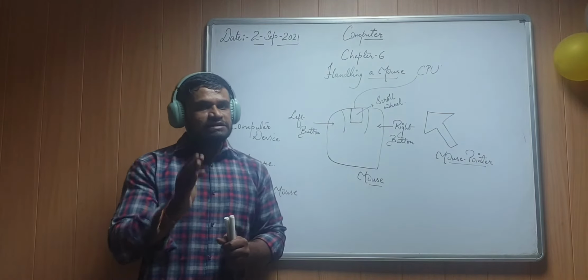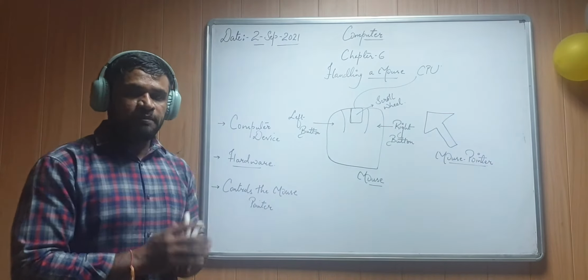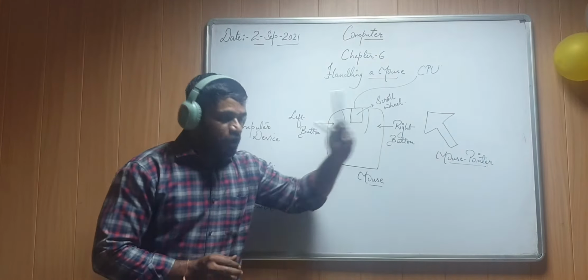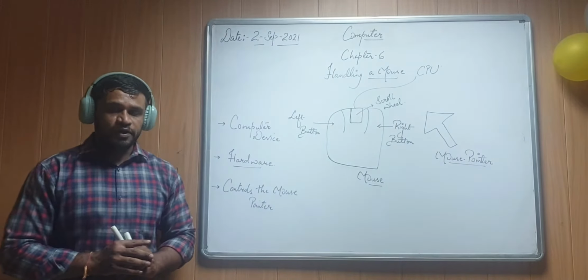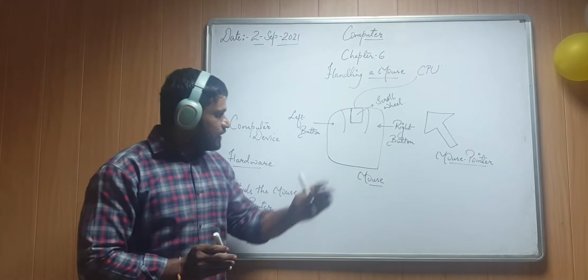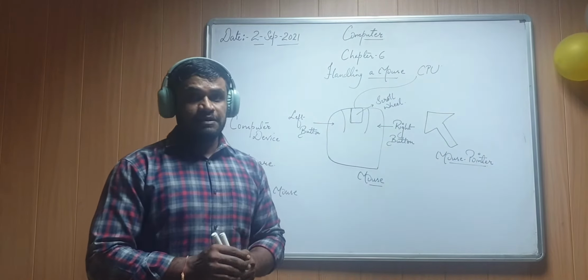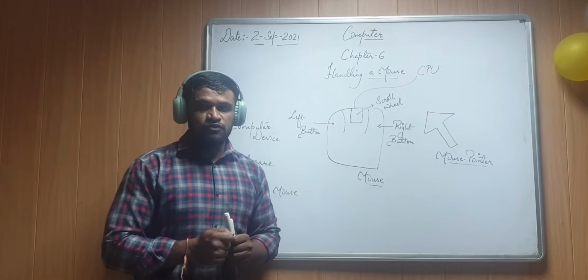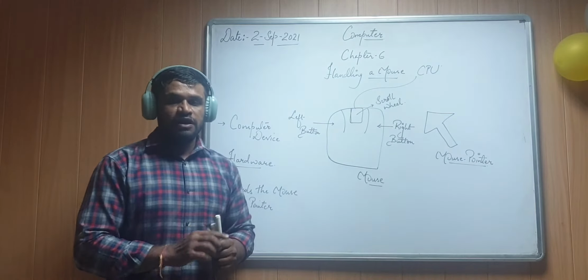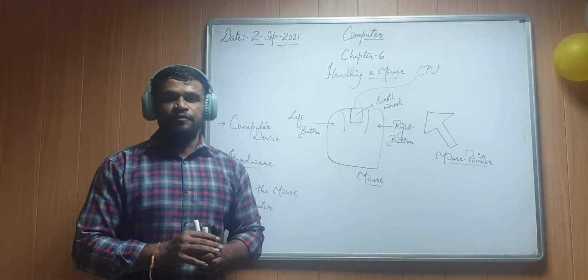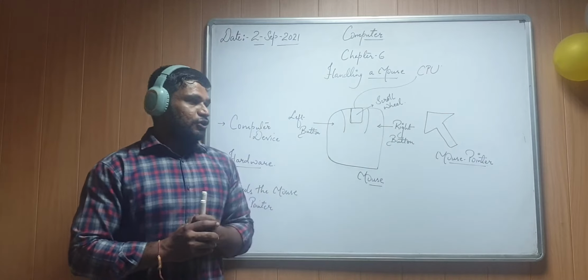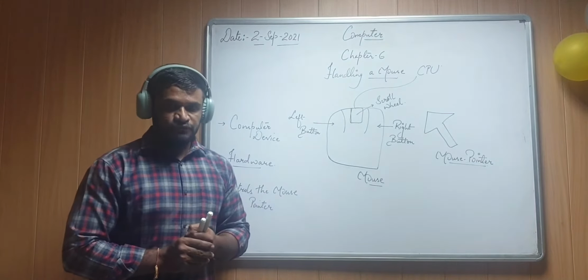The direction and point in which you move the mouse, the mouse pointer also moves according to it. Normally we keep mouse on a mouse pad, as I showed in the class. Mouse pad, a small piece of cloth on which we keep mouse, and on that cloth itself we move the mouse. As per that, your mouse pointer will also move.